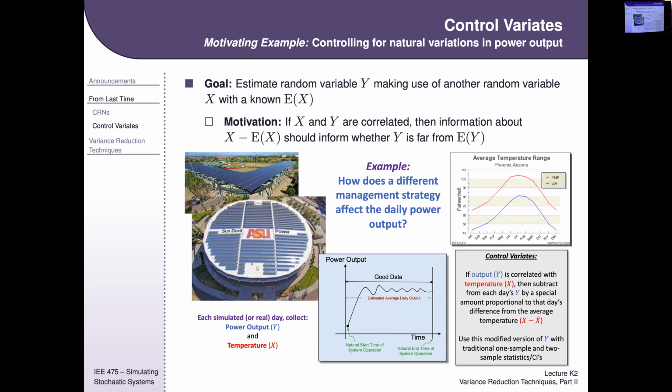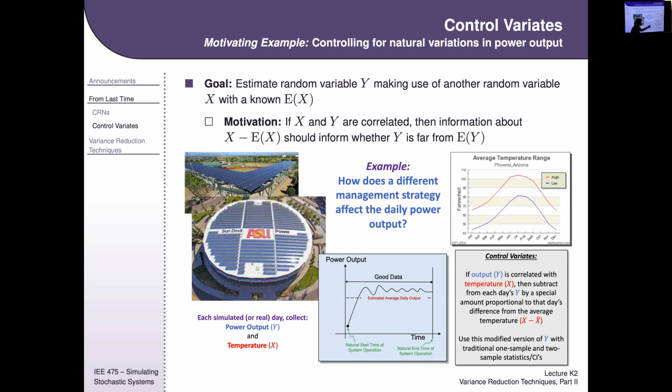So that's the idea here. I've got a variance source due to temperature that applies to any strategy that I choose, but I'm interested in the variance due to changing the strategy. So, whatever operational strategy, whatever parameters I'm trying to optimize inside the power plant, I want to know that the difference in performance I see from simulation 1 to simulation 2 is not due to a difference in temperature, it's due to a difference in this strategy.